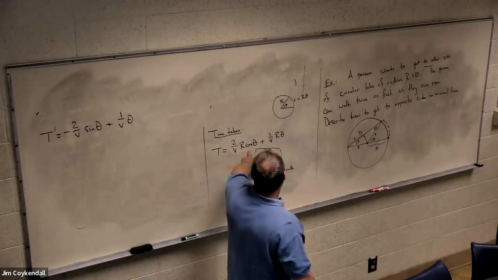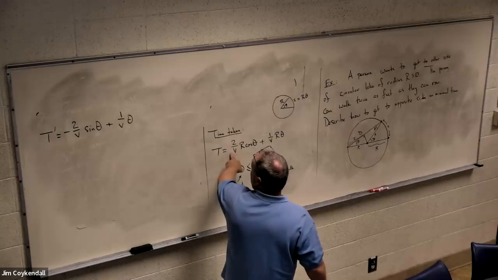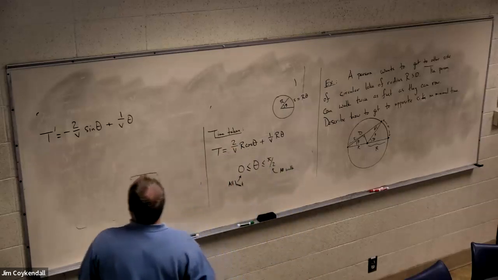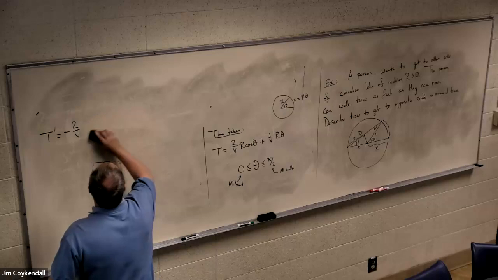Remember, theta is my variable, so that's going to be minus 2v. I seem to be totally freaked out, but I've got my R's.